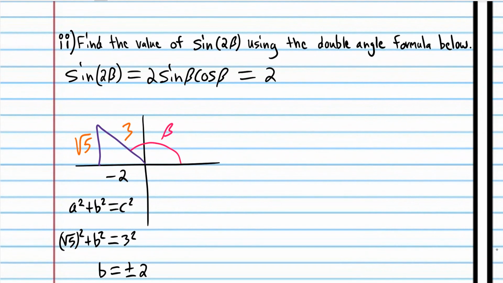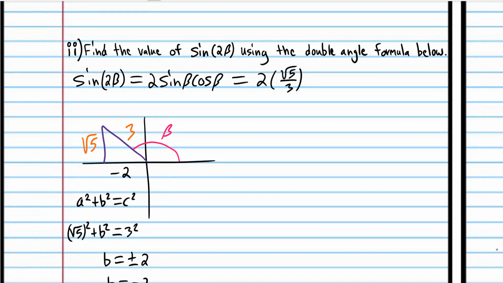We know sine beta is root 5 over 3, and cosine beta is negative 2 over 3. And so we have negative 4 root 5 over 9. So if you got that answer, good.